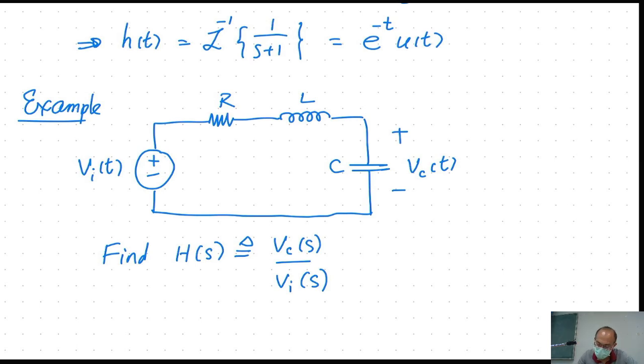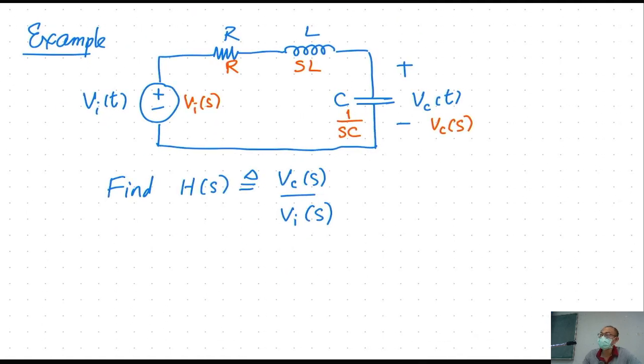So once we do this, we got 1 over SC here, and we got SL here, we got R here, and we got VIS here, and we got VCS here, right? So we can write VC in terms of VI using voltage divider. Okay, again.